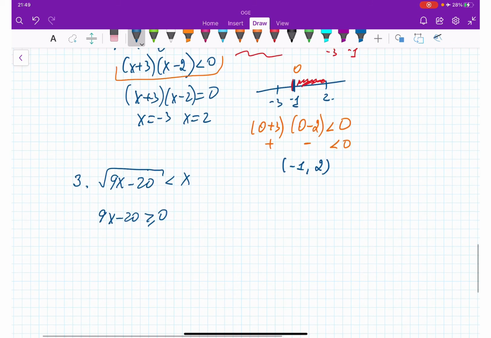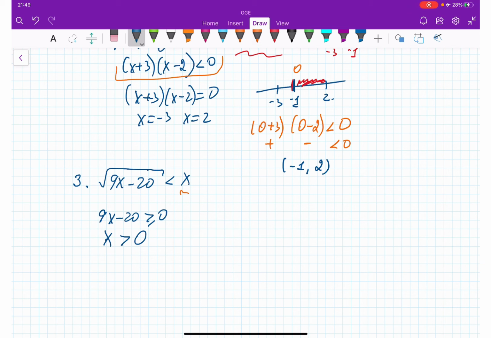That's one. Second one, x has to be greater than 0. X cannot be a negative number, otherwise under the square root we will end up with a negative number. And the result of a square root cannot be less than a negative number. Let's say if we assign a negative number here.